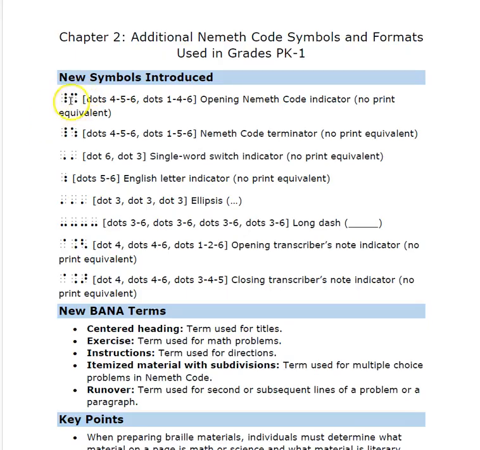So this 456SH is the one that you use when you're about to start a whole bunch of Nemeth. If there is a number sentence inside of a word sentence, you will start the Nemeth code with this Nemeth code indicator. When you finish Nemeth, if you're doing a whole page of Nemeth, no big deal.